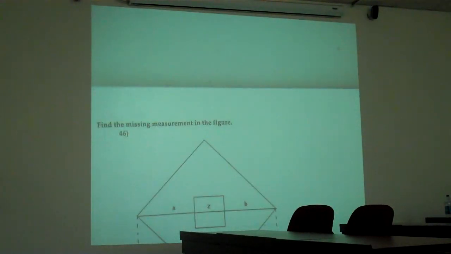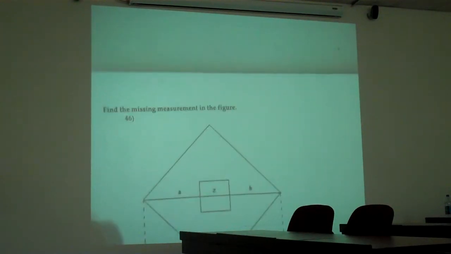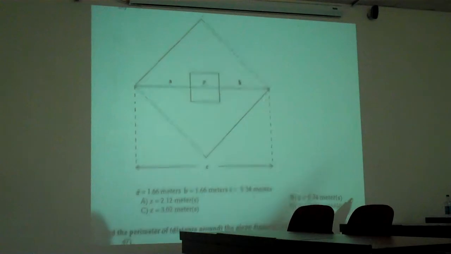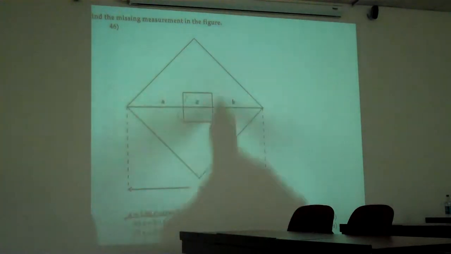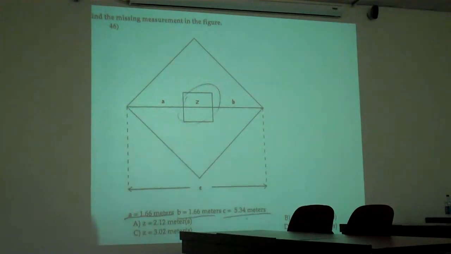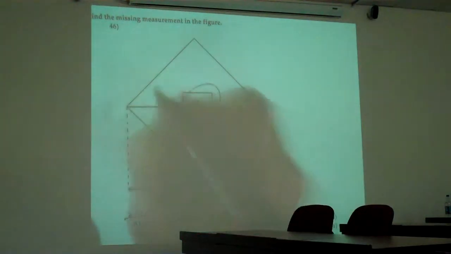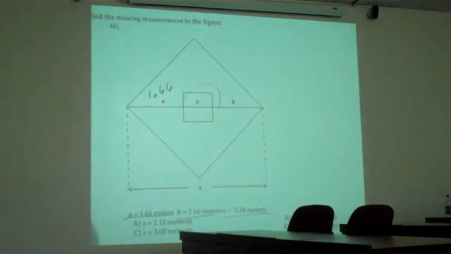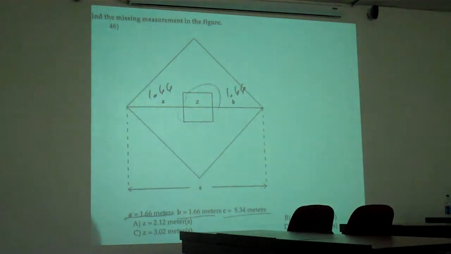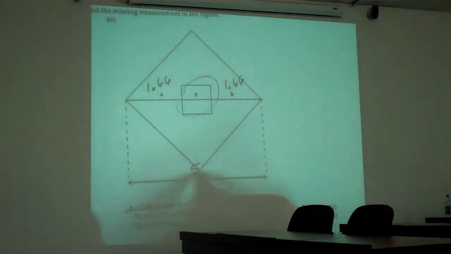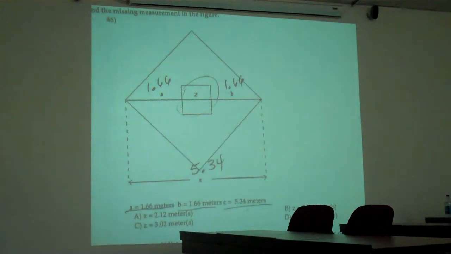Okay, 46. Find the missing link. It gives you A, B, and C. So you must need Z. A is 1.66, B is 1.66, and C is 5.34. So how you gonna find it?